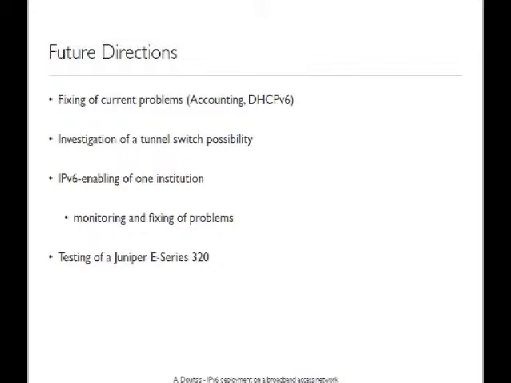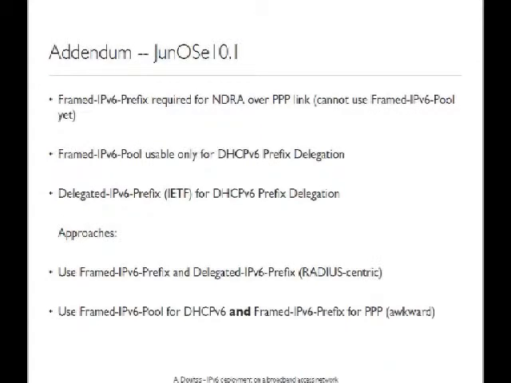And in parallel, I had my hands on a Juniper E320. This is apart from the Cisco IOS devices, which are the production devices at this point. And so I thought that you might find interesting some key facts about JunosE, which is the operating system that the E320 uses at this point.